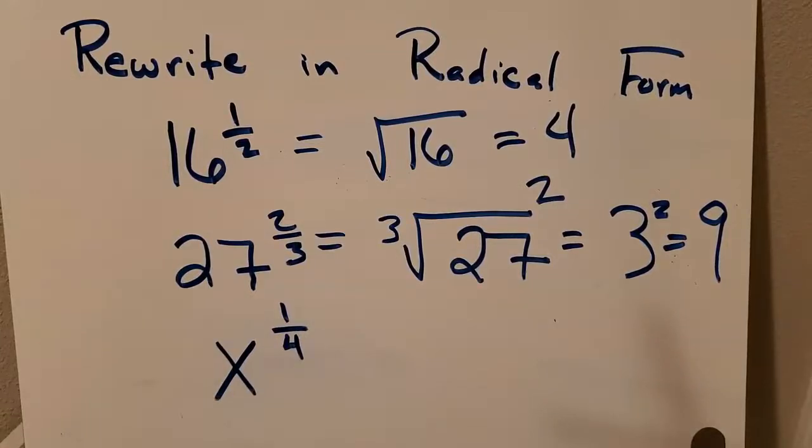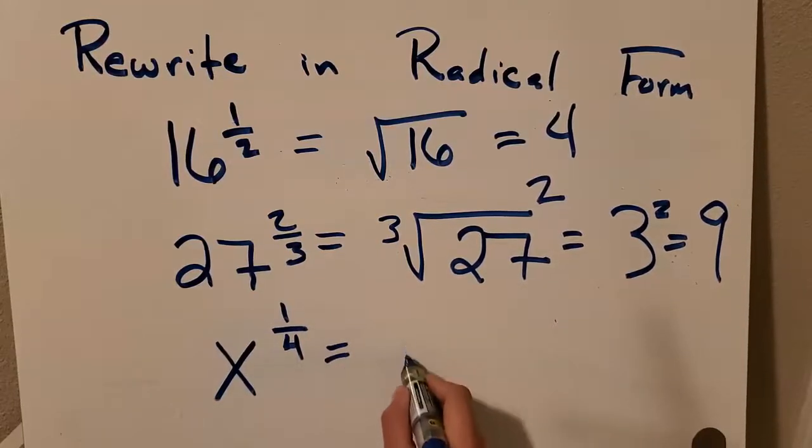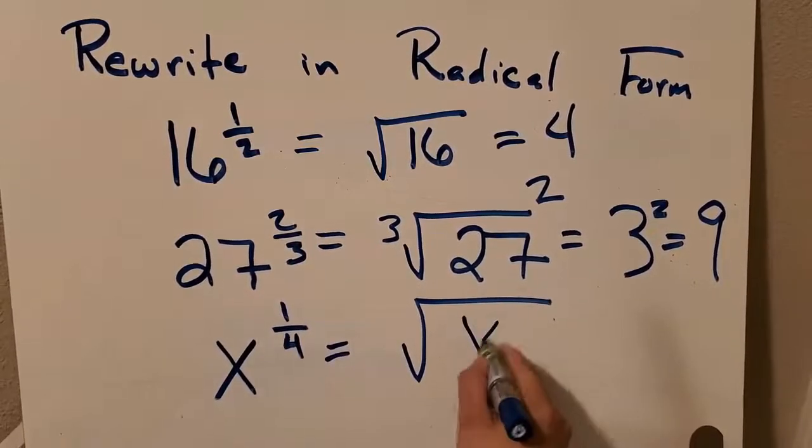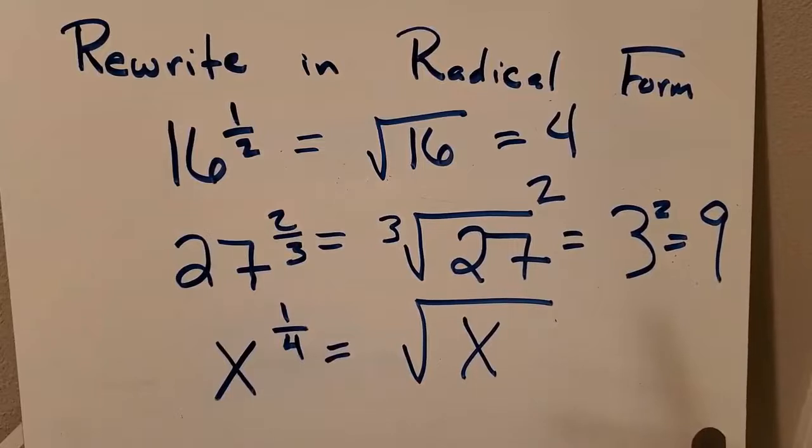Let's follow the same pattern for this last one. X to the 1/4. So we're going to rewrite that with a radical sign. Our base, which in this case is x, goes to the inside of the radical.